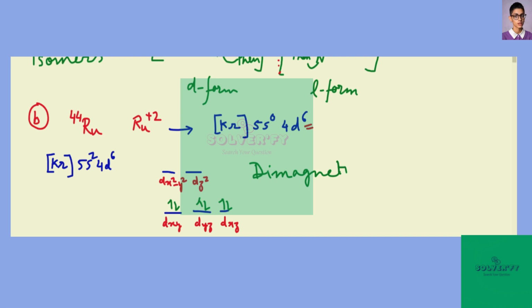That means no unpaired electrons are present in the complex, in the molecule, and this is only possible if the d orbital electronic configuration is like this.